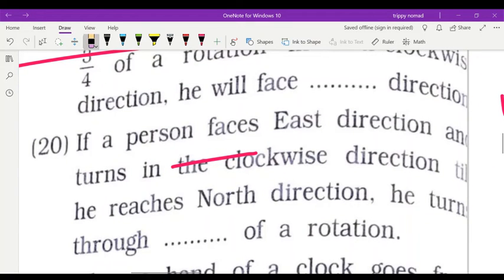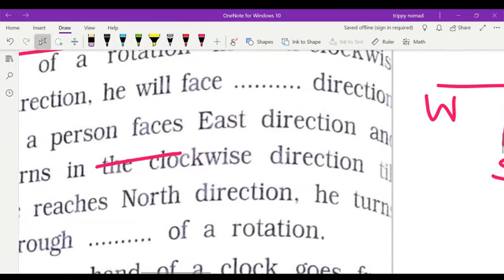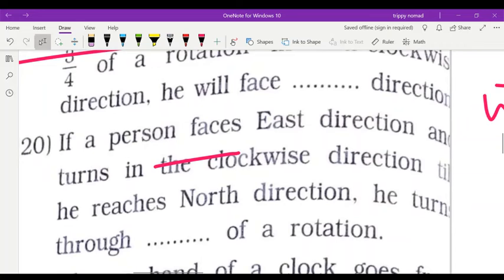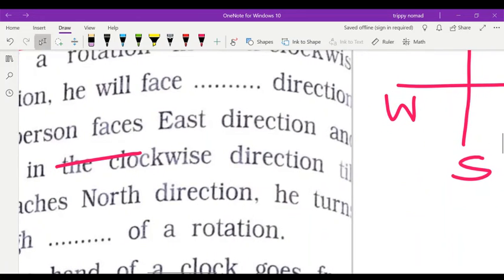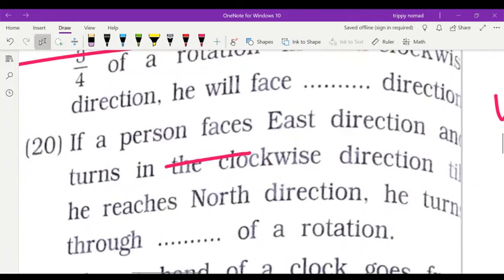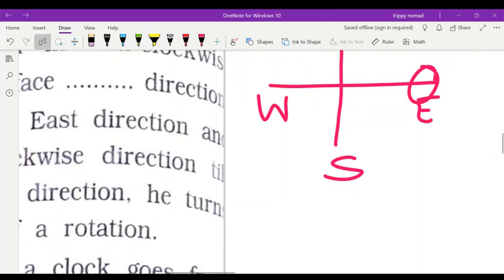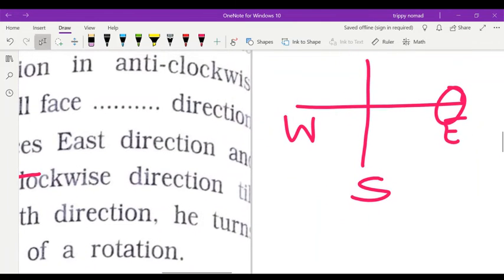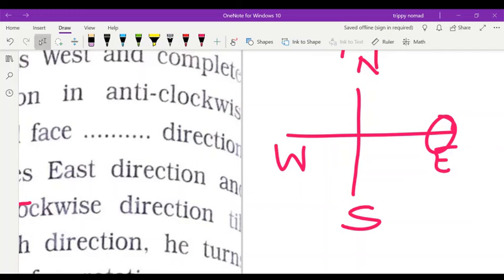The person turns in the clockwise direction, and has to reach north direction. Then he turns through a dash of a rotation. The question is how much rotation, facing towards east and has to reach north.